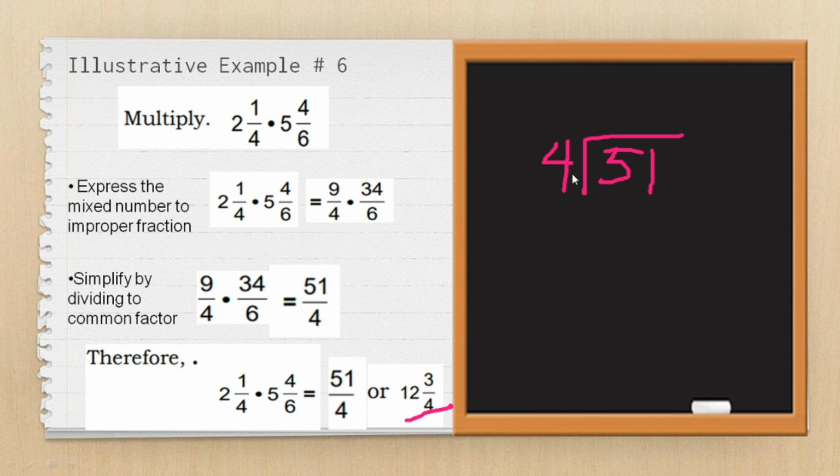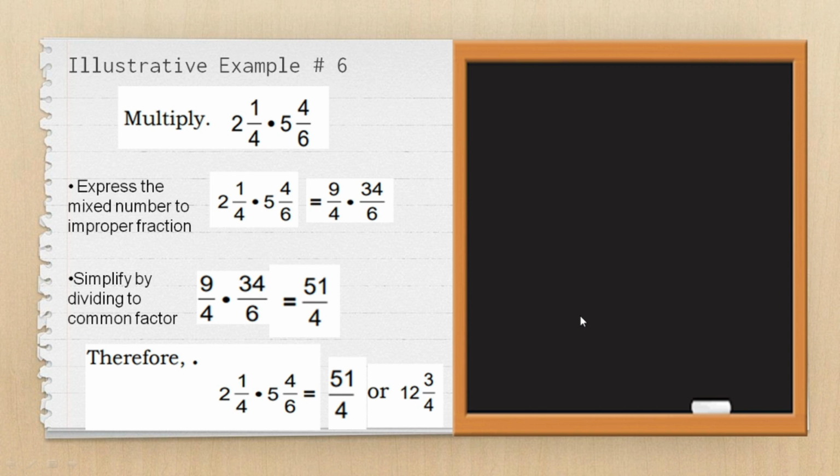So meron tayong 5 divided by 4, pwede yung 1 times 4, that's 4. 5 minus 4, 1, bring down 1, 11 divided by 4, that's 2, 2 times 4, that's 8, 11 minus 8, that's 3. Tama? So, ibig sabihin, I have 12, remainder ay 3, magiging numerator siya over denominator ay 4. So, we have 12 and 3 over 4.